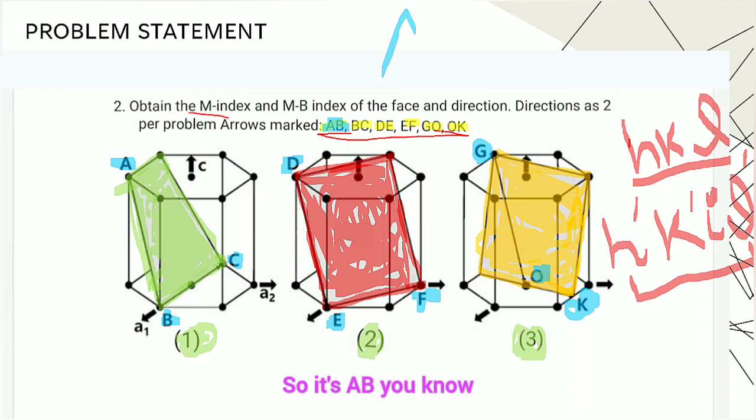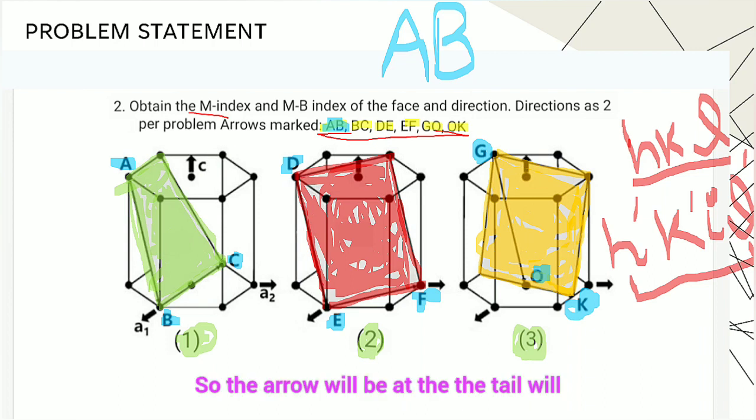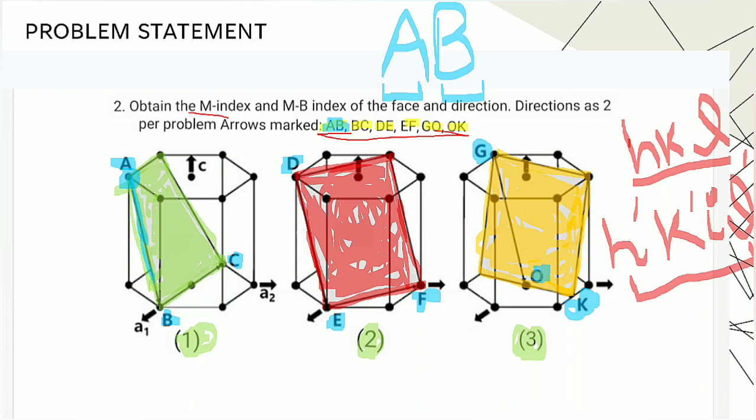So it's AB. AB direction means starting from point A and ending the direction at point B. So the tail will be at the first point in order, which is A, and the head of the direction will be at the second alphabet here, which is B. So starting from A, the direction's tail will be at point A, which is this, and drawing a straight line towards the point B and forming an arrow at point B. So this is the direction AB.